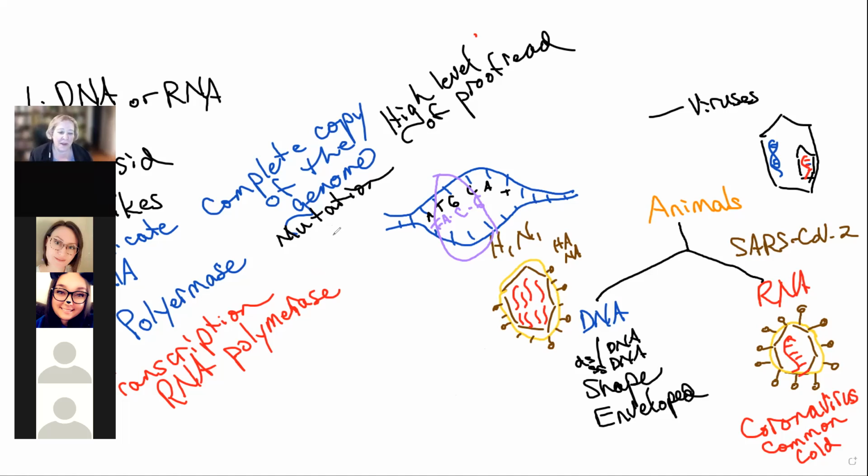Okay, so RNA polymerase, on the other hand, let's go ahead and get a DNA bubble here where instead of making DNA, I'm making an RNA transcript. And we will get the same nucleotides going.